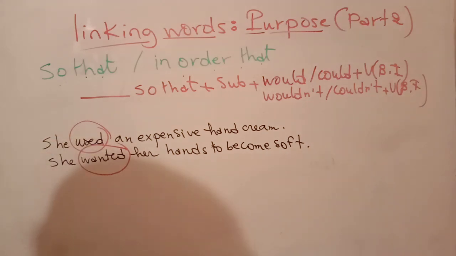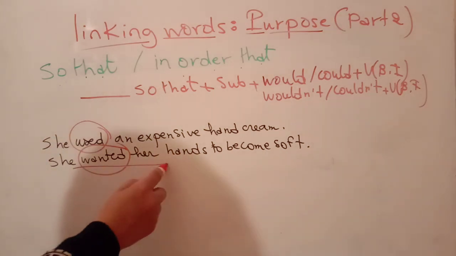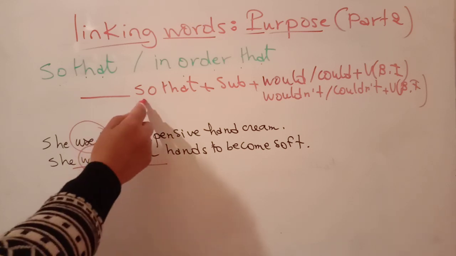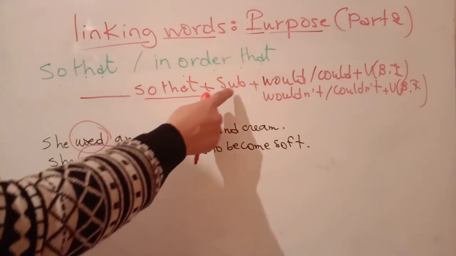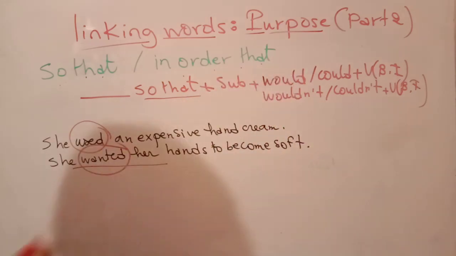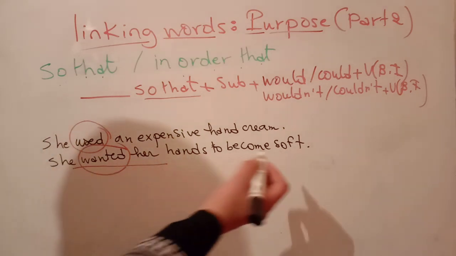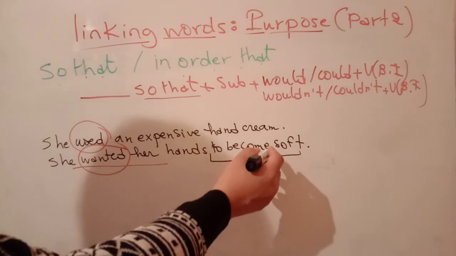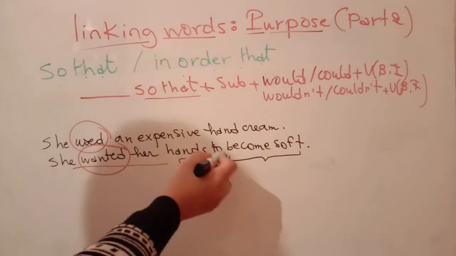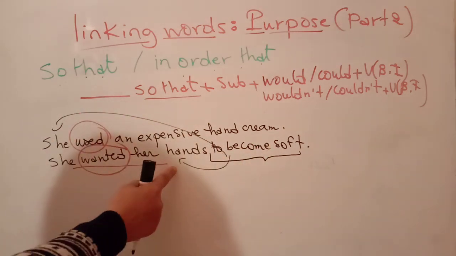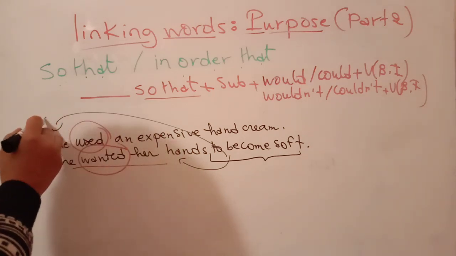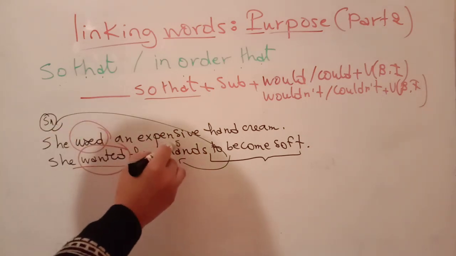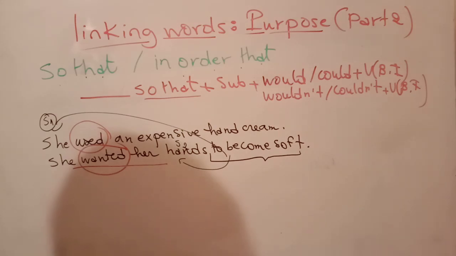They are in the past tense, and the sentence is positive. So we are going to use the first form: so that plus subject plus would or could plus verb bare infinitive. Where is the purpose? The purpose is to become soft. Does to become soft refer to hands or to she? Of course to hands. So we have she as subject number 1 and hands as subject number 2.